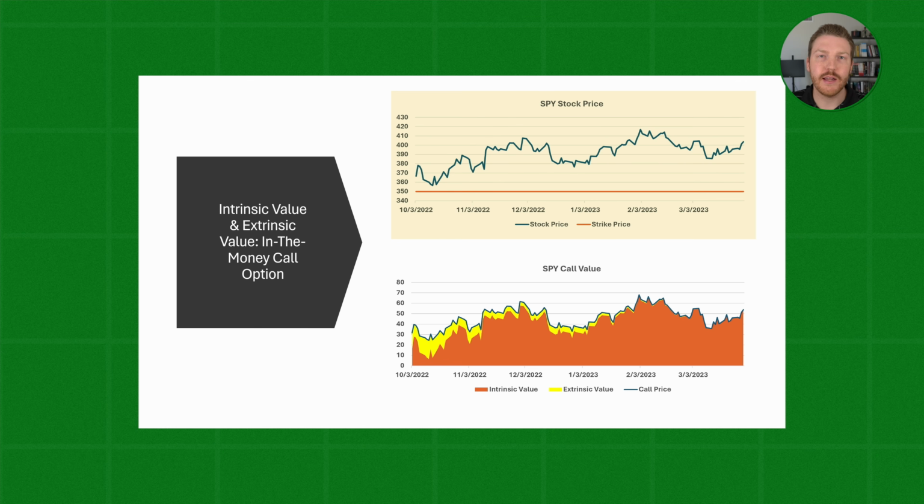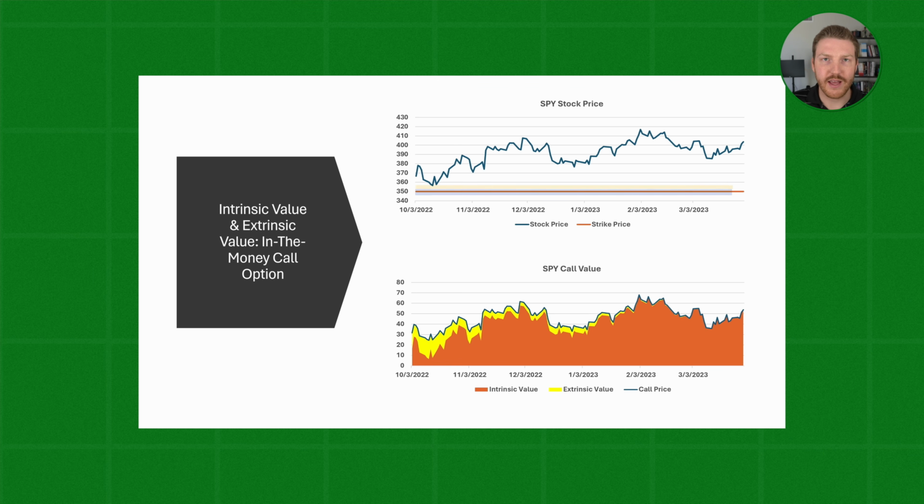And you can see that generally the stock prices had gone up over time in this 6-month period, and that we're going to be looking at a call option with a strike price represented by that orange line of $350. Now we can see that this call option is in the money its entire life because there's no point where the strike price exceeds the stock price.